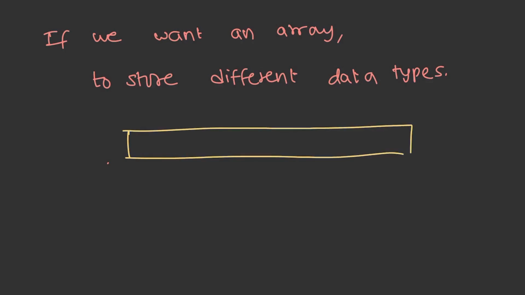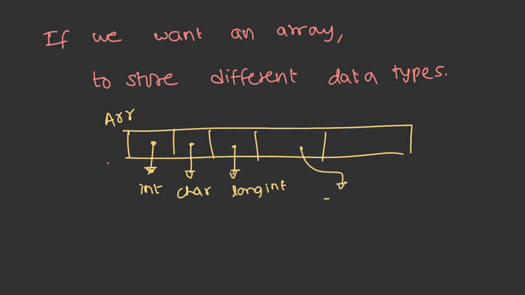Now, if we want an array to store different data types, consider this array, where first I want an integer, after that a character, later on a long int, and after that an array of integers. Can you find a way to make this possible?